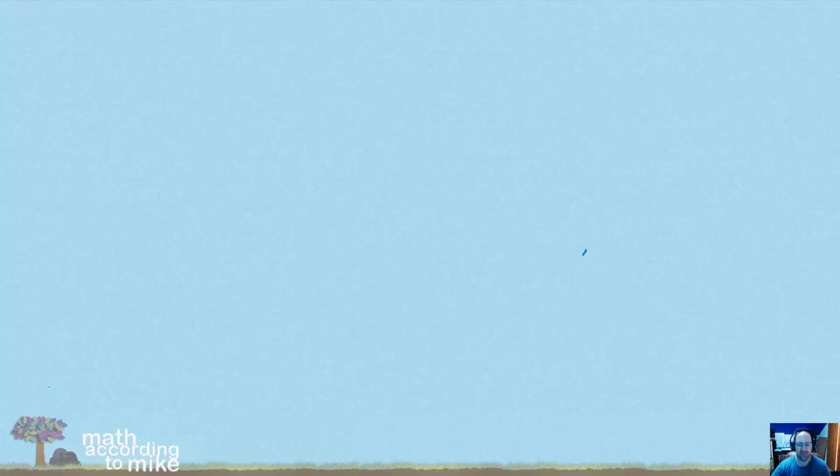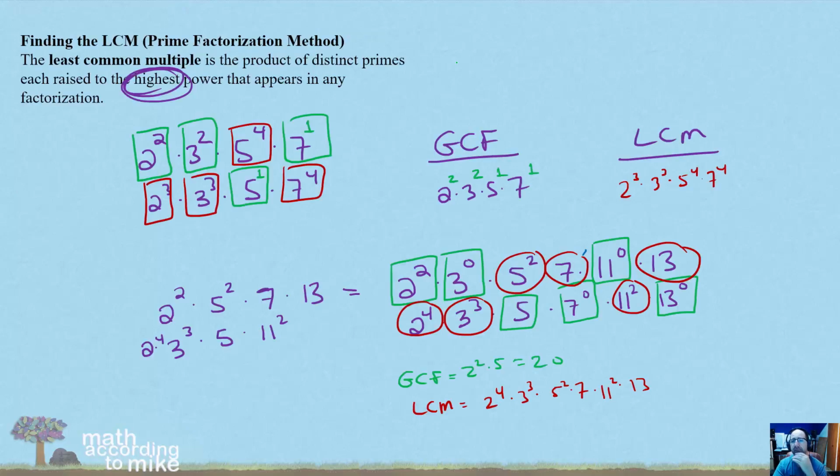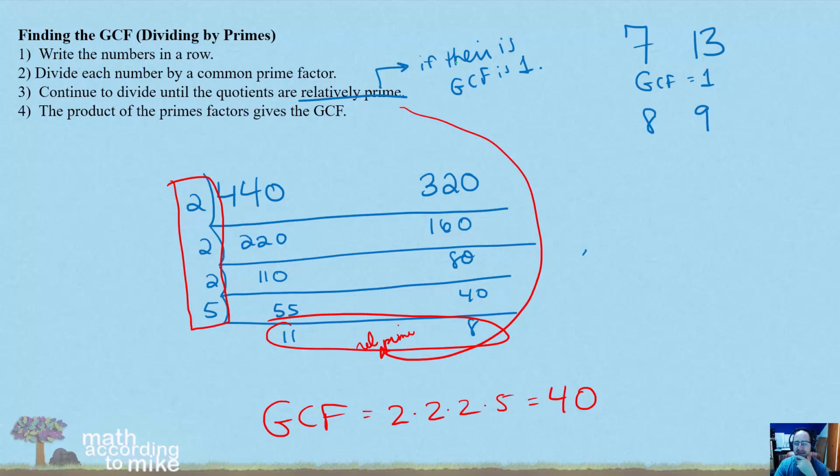Okay, so the last one we have is another throwback. It's dividing by primes. I don't really have steps for this. This again is very similar to what we did previously. You would get down to relatively prime numbers.